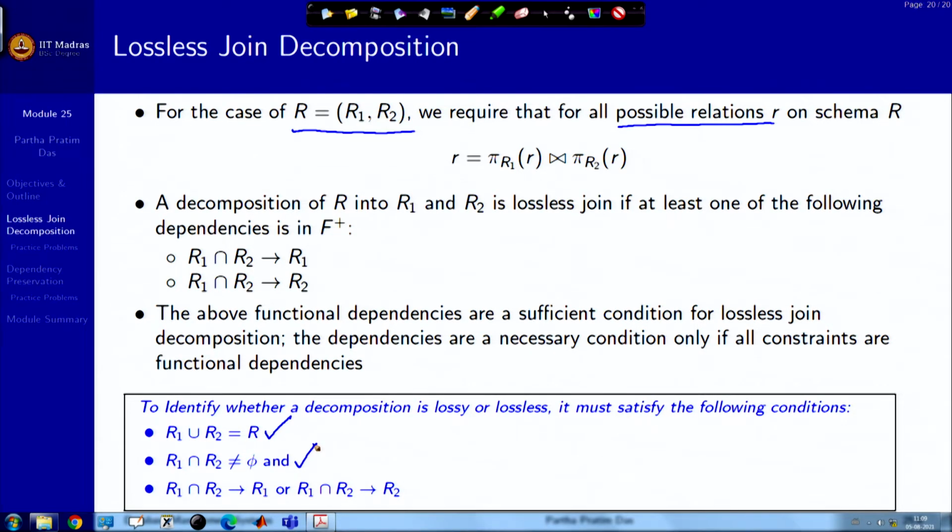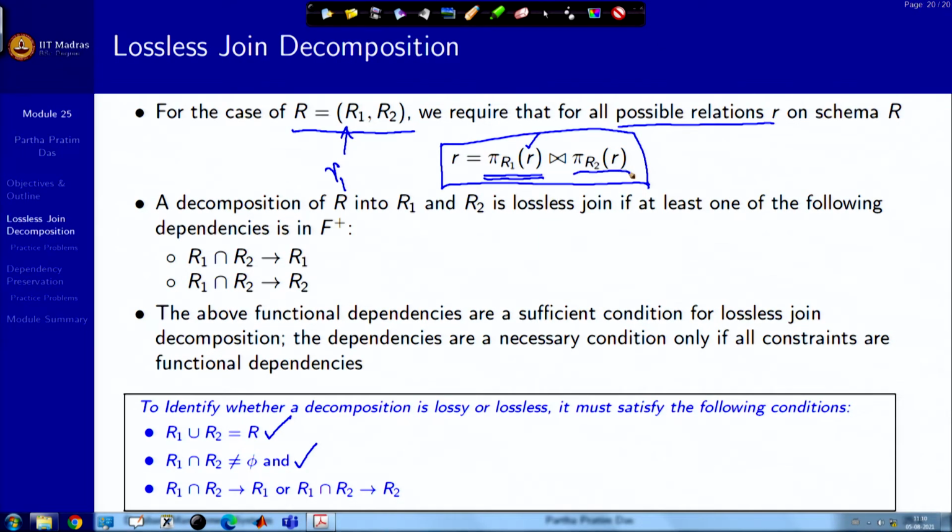And there is a third condition, but what lossless join necessarily means is this statement: if you take any instance of relational schema R, and project it on the set of attributes R1, this is what you will maintain as an instance r1 of schema R1.